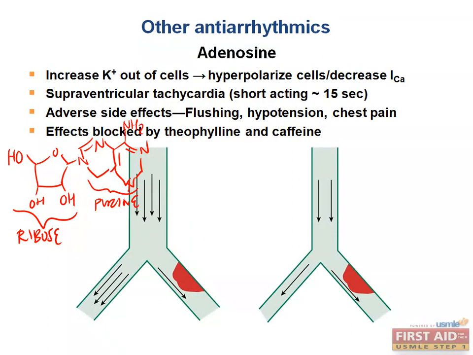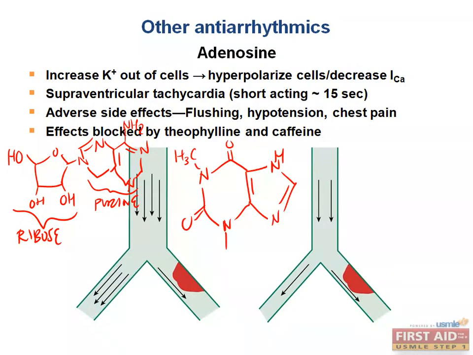So why am I drawing this out for you, considering you don't even have to remember the structure? Well, it helps to visualize how there's a similarity between the adenosine molecule and how theophylline and caffeine can antagonize the adenosine receptors. Let's compare by drawing out theophylline and caffeine. So both theophylline and caffeine are very similar to each other and look really similar to the adenine that is within the adenosine molecule.